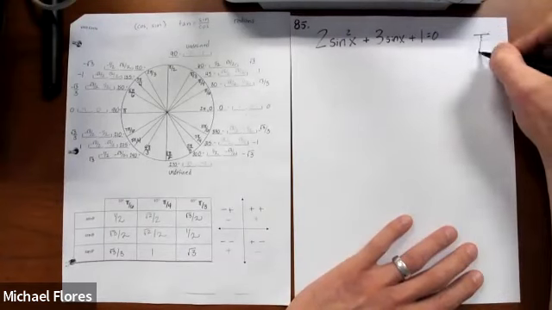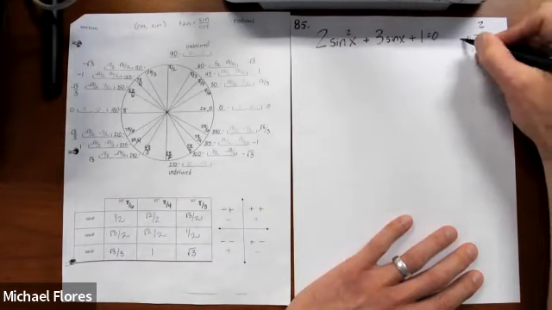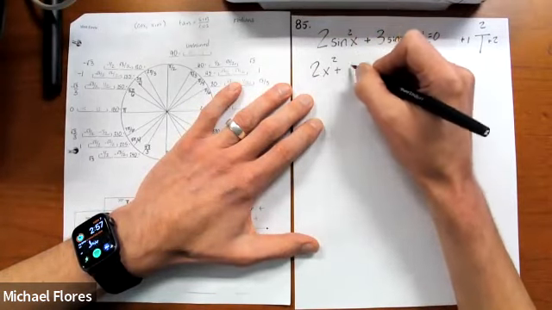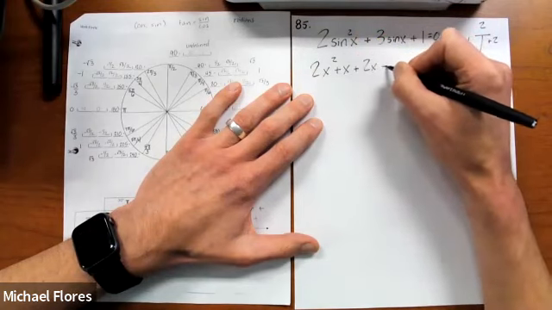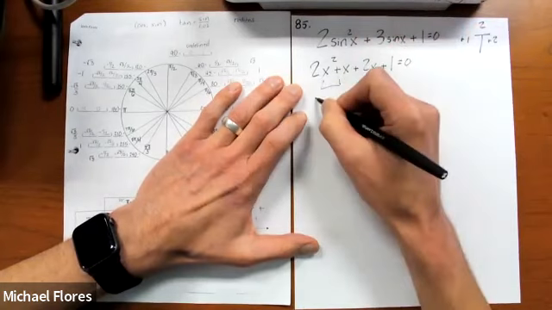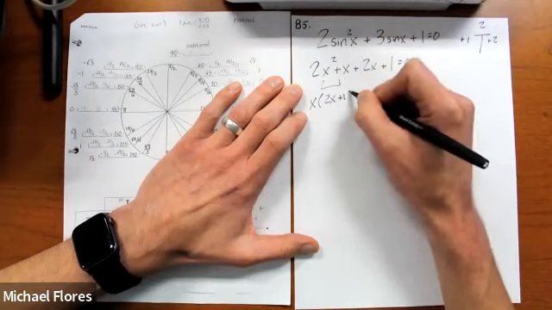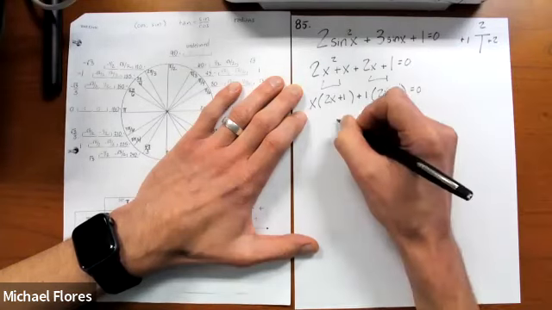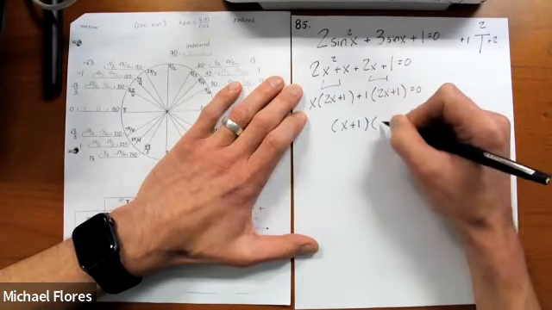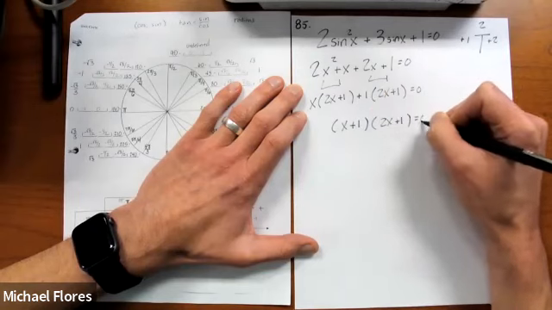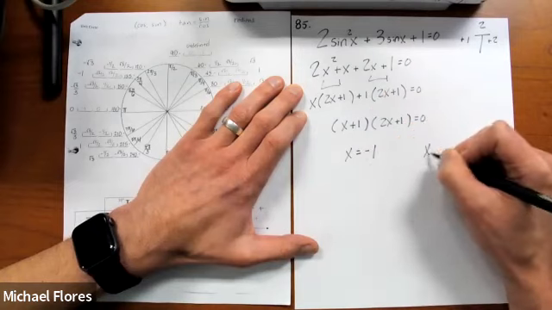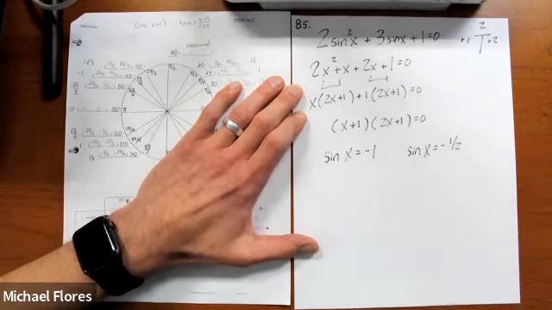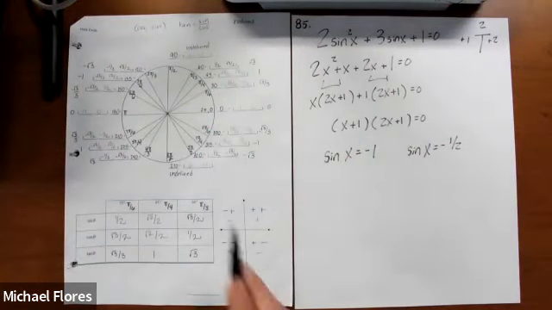Two times 1. Where in the unit circle is sine -1?